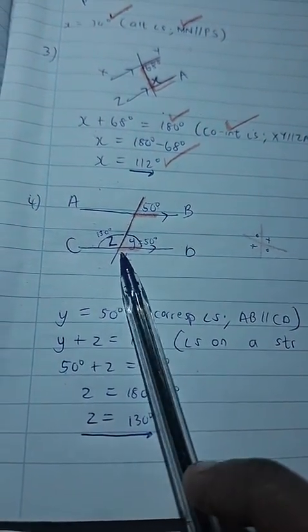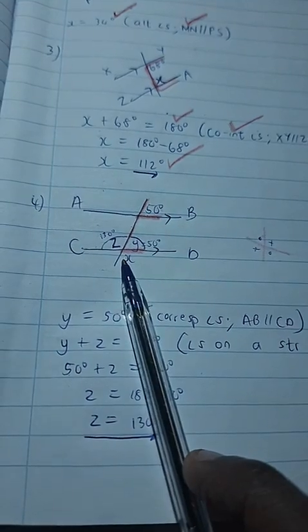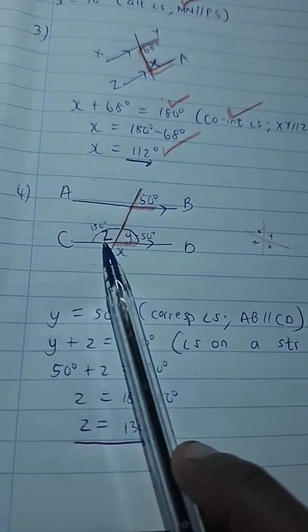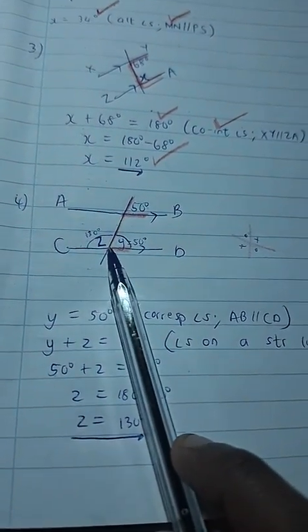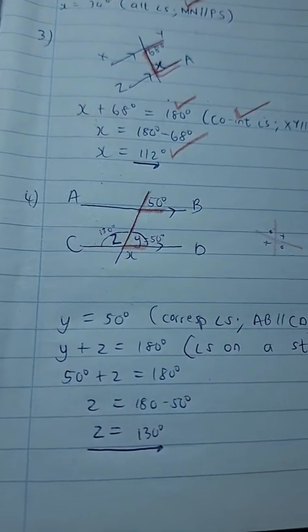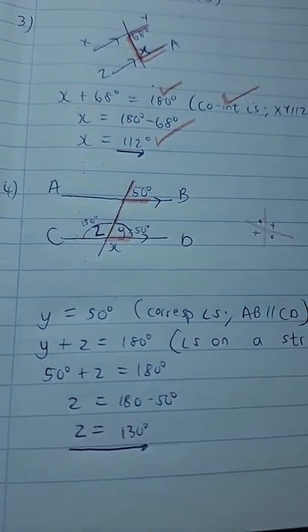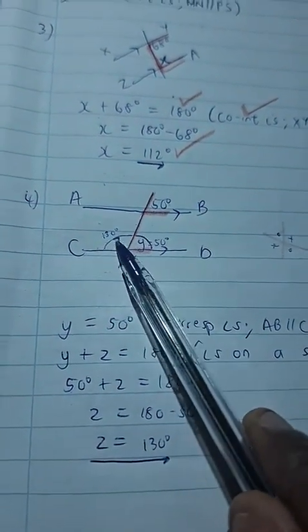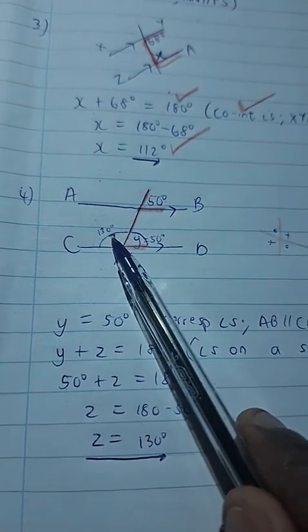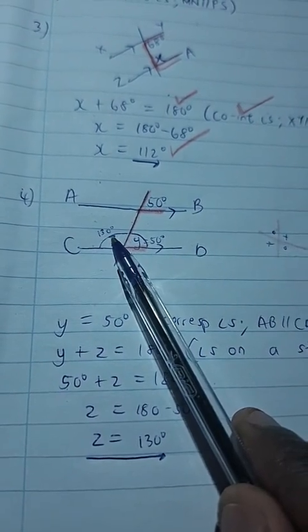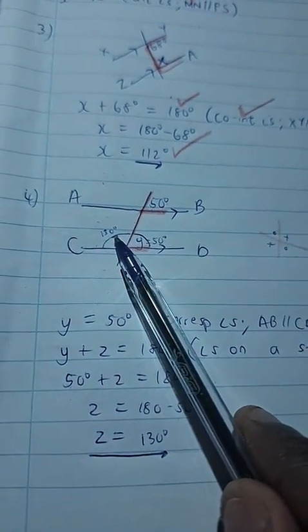Now BLXX says, isn't Z an alternate angle? No, BLX. If you are saying Z, meaning this angle, is an alternate angle, it is alternate with which angle? That's my question to you.